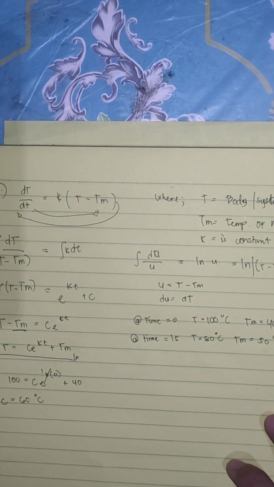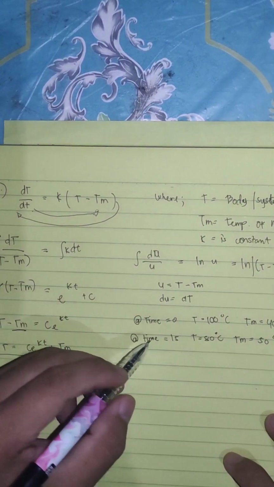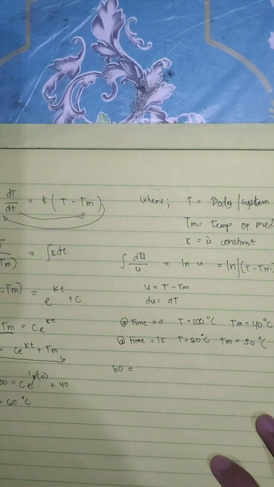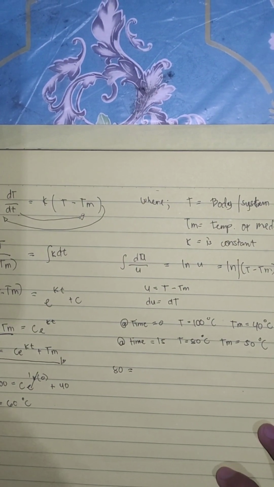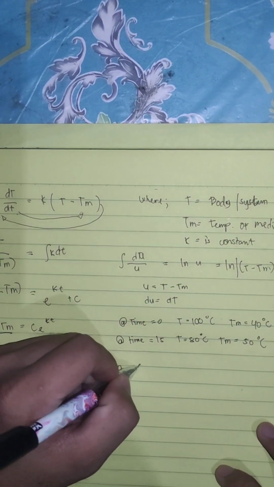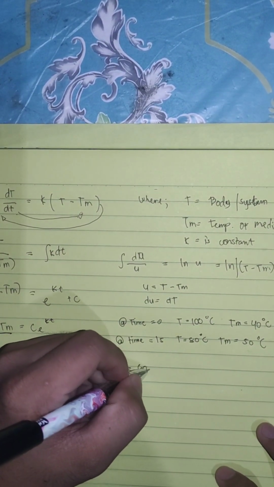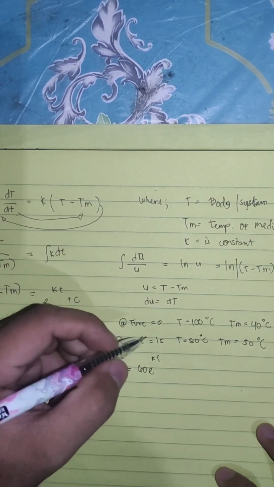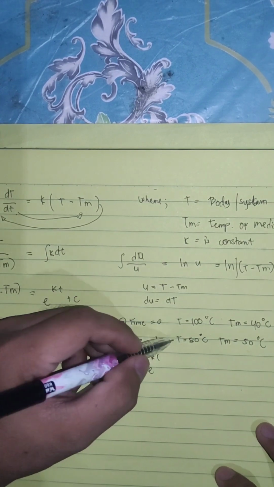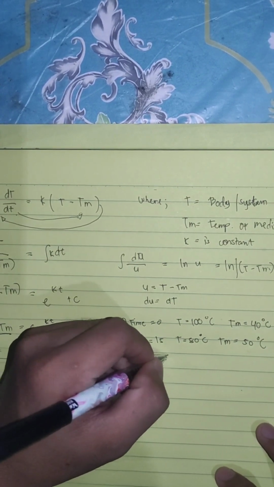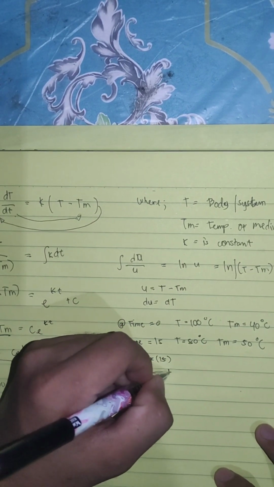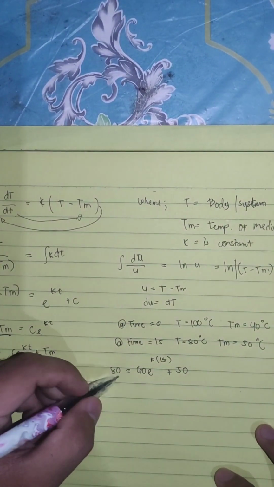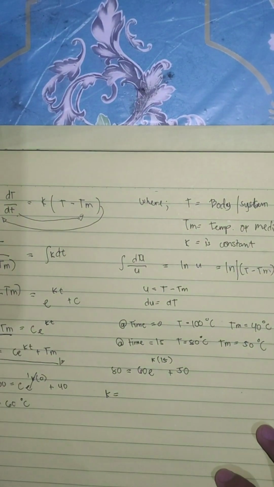So we input this: 80 degrees equals, our value of C is 60, e raised to the power of k and t, which is 15 minutes, plus 50.